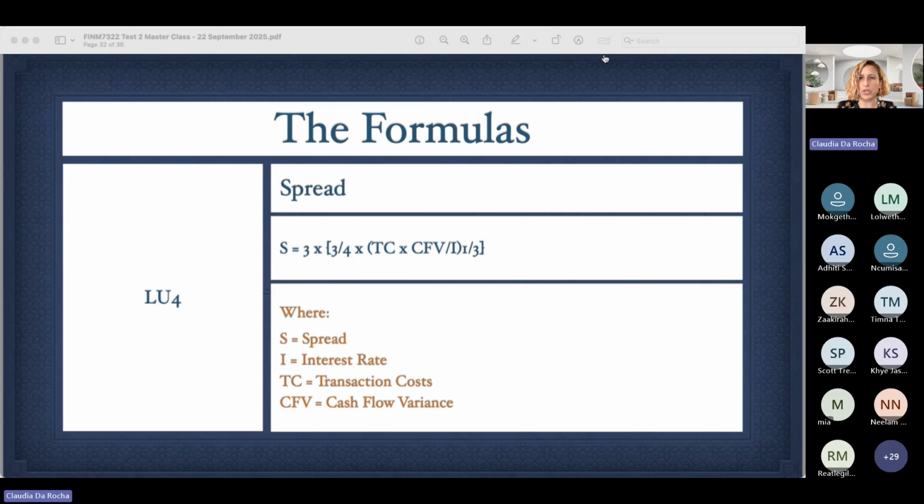So I'm going to shift now to the whiteboard so that we can go through these formulas in a bit more detail so you understand, and then we're going to tackle past paper questions. There's only two, one for Learning Unit 3 and one for Learning Unit 4.